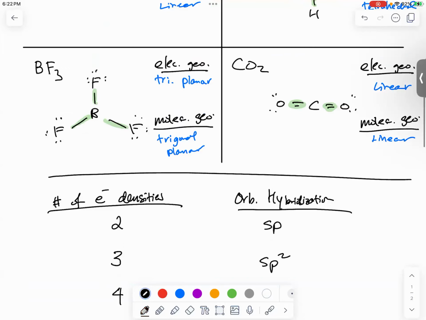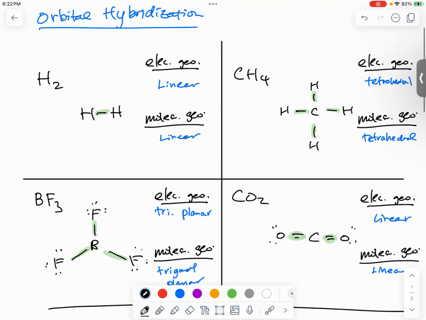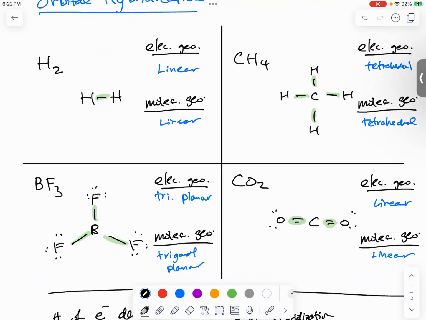If we go back, what about methane? Methane has 4 electron densities. So at carbon, the orbital hybridization is known as sp3. For BF3, what's the orbital hybridization for boron? That would be sp2.